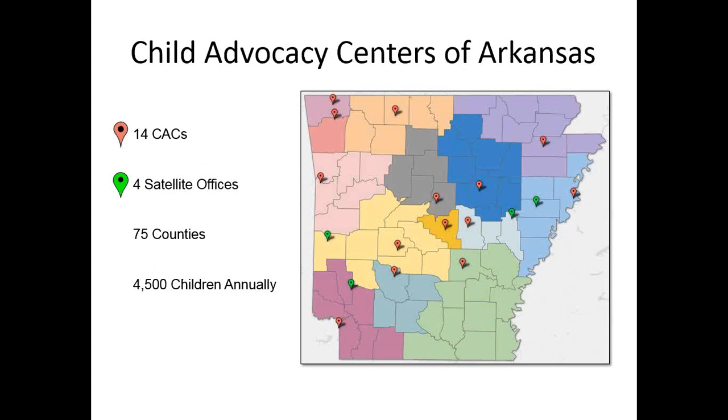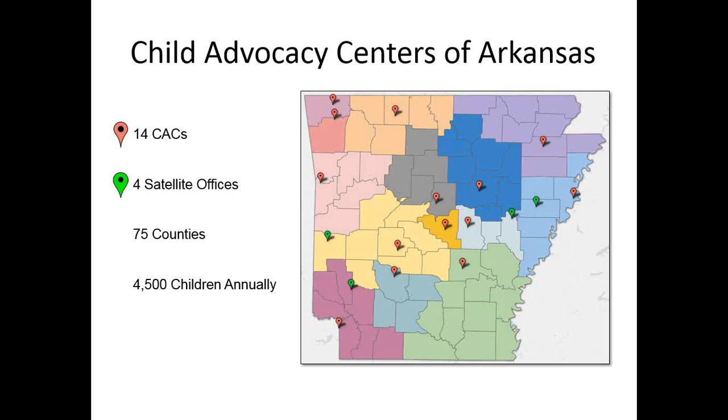This is just an overview of where the child advocacy centers are in our state. The red pins represent the home offices, and the green ones are the satellite offices. They cover all 75 counties, and each year they see about 4,500 kids.